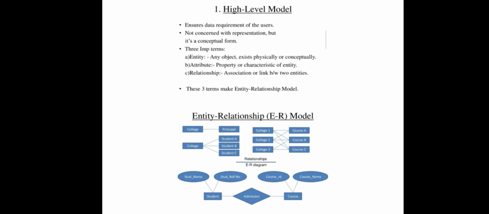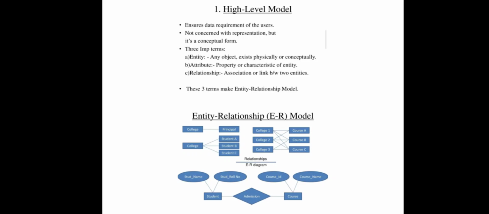These three terms make the ER model, that is called the entity relationship model. In this model, you can see the diagram of the ER model. That is the college with the principal and students A, B, C, D. That diagram shows the relationship between the college and the principal and the link between the students and the college.